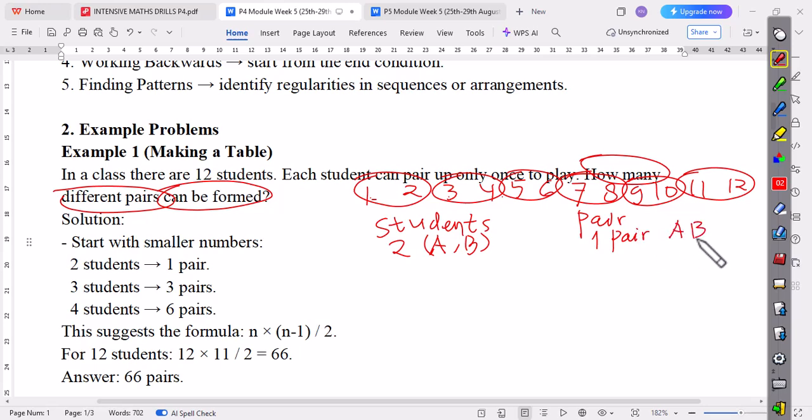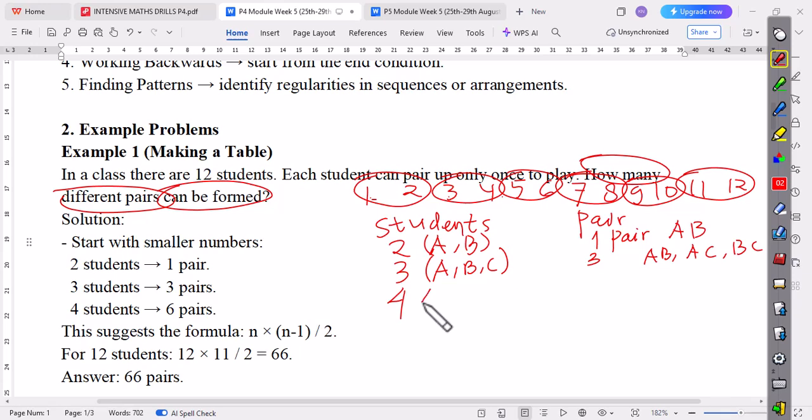Next, what if we have three students, A, B, C? It means we can form AB, AC, or BC. Three pairs.